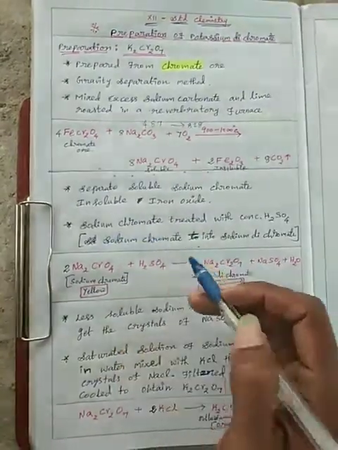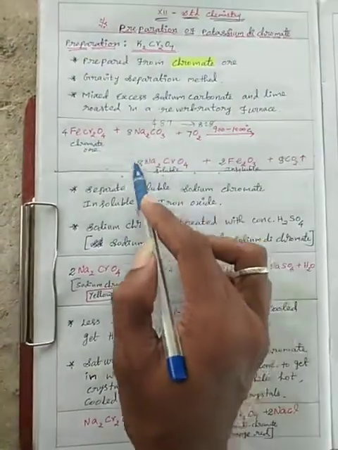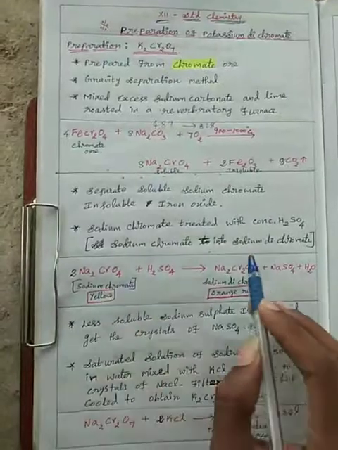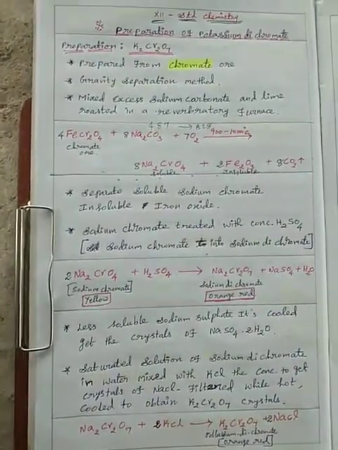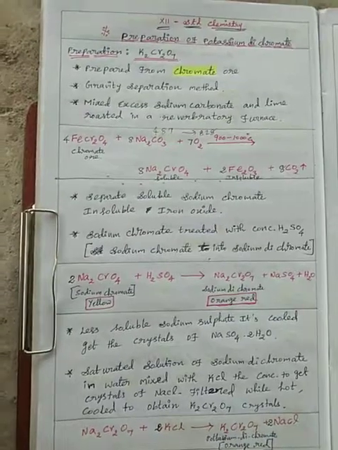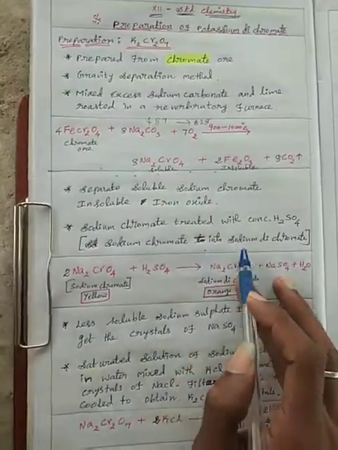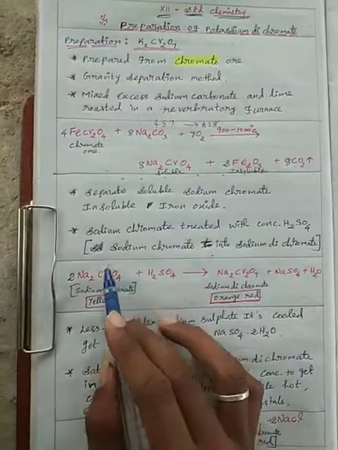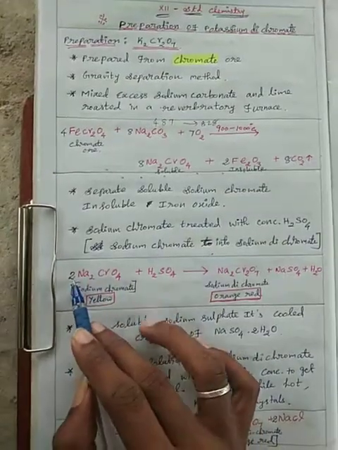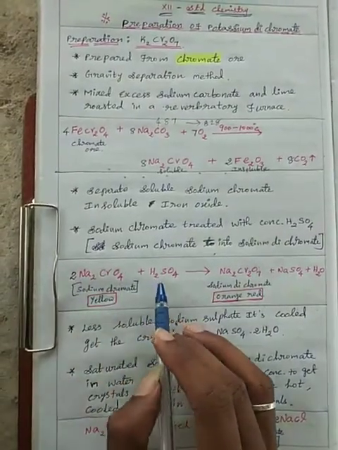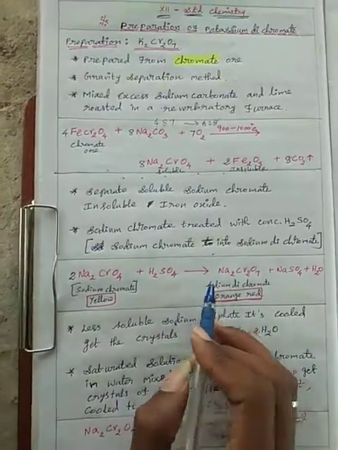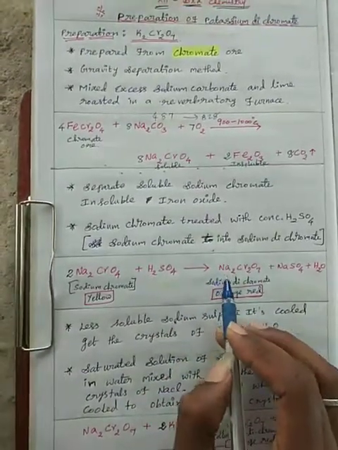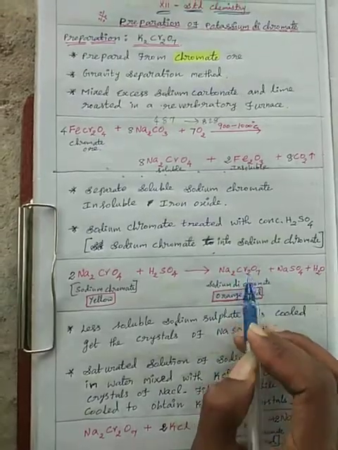2 moles of sodium chromate are treated with sulfuric acid to give the product sodium dichromate.